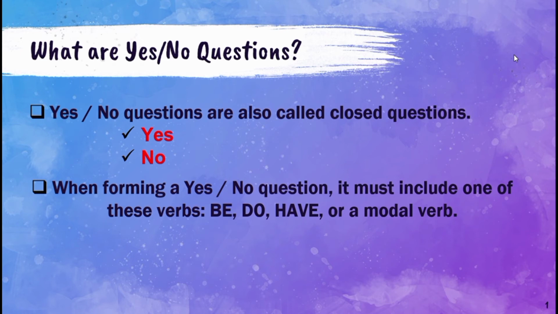When forming a yes or no question, it must include one of these verbs: be, do, have, or a modal verb. Always remember that it is impossible to ask a yes or no question without one of these verbs. For example, you want to ask if the dog can swim.